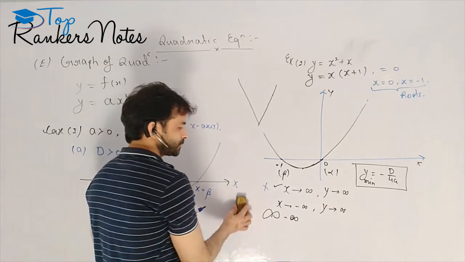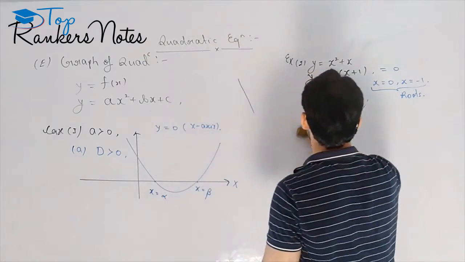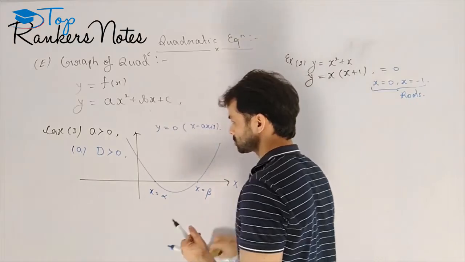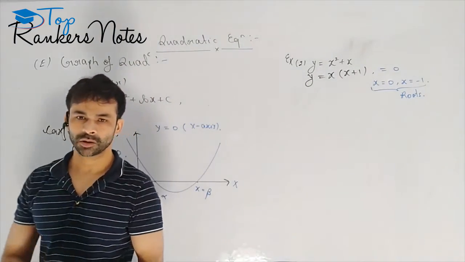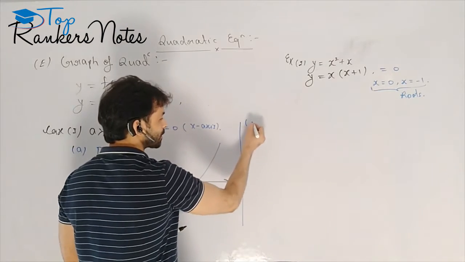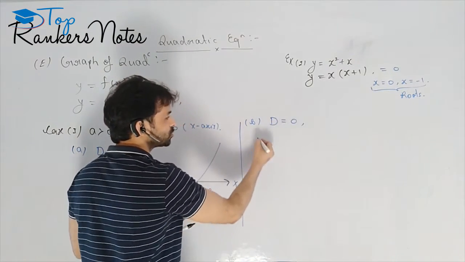Now you can think, what if there are no roots, or no real roots? Or the second case, what if the discriminant is 0, meaning the roots are equal?